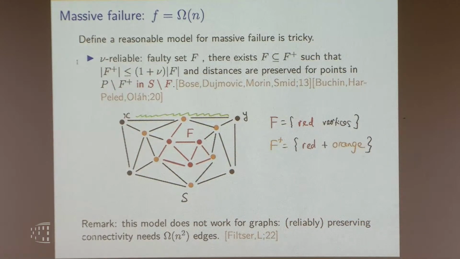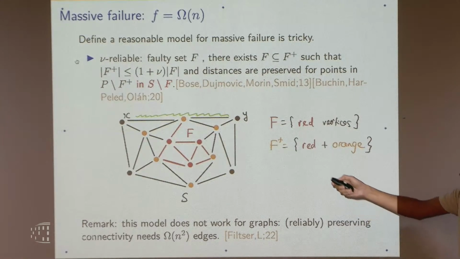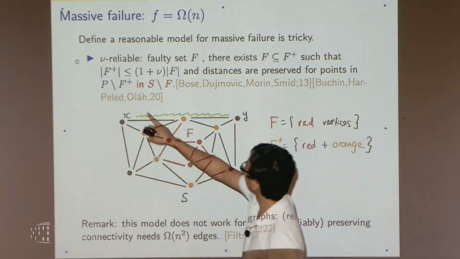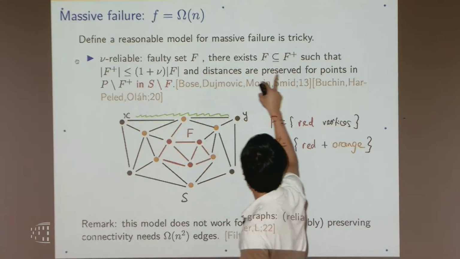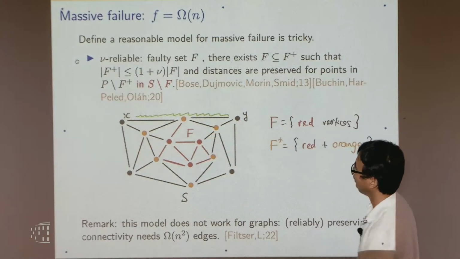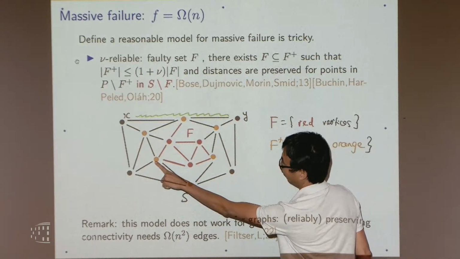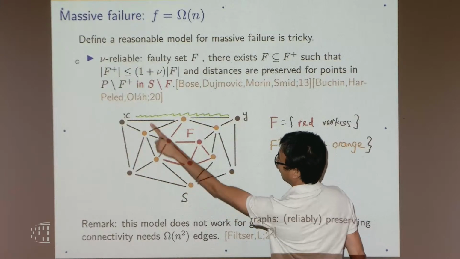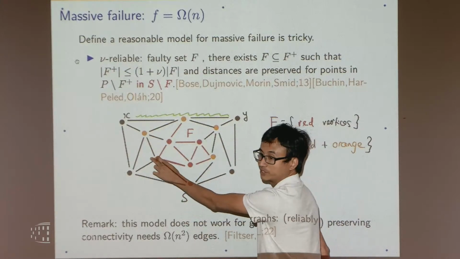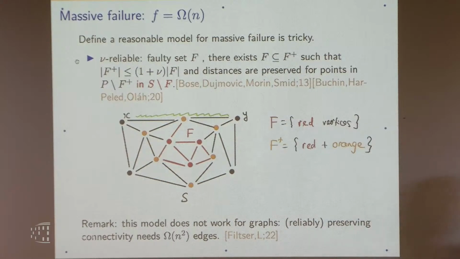And what kind of guarantee do you want? You want the guarantee that for every pair of points not in F plus, you preserve distances. So for X and Y outside F plus, you have to preserve distance. But if X, for example, is not faulty but is in F plus, then you don't have to preserve distances for the points in F plus, even though they are non-faulty.